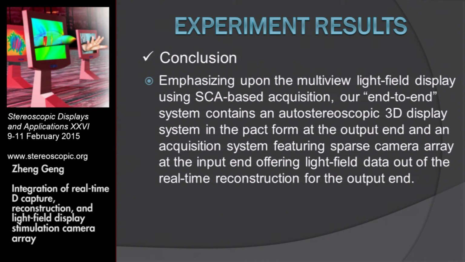And the conclusion is that we emphasize multi-view light field display and SAC-based acquisition, maybe it's a typo. Our end-to-end system contains an autostereoscopic three-dimensional system in a packed form at the output end, and the acquisition system featuring a sparse camera array at the input end, offering light field data for real-time reconstruction for the output end.